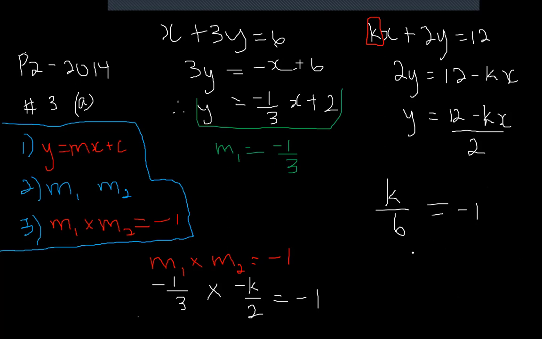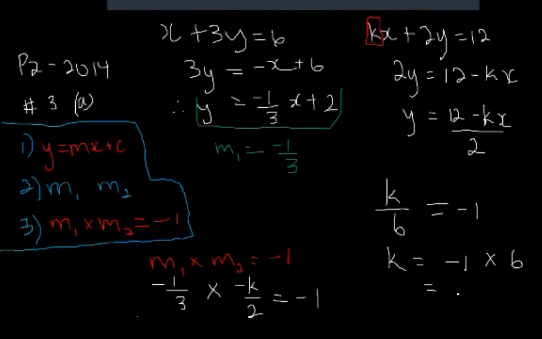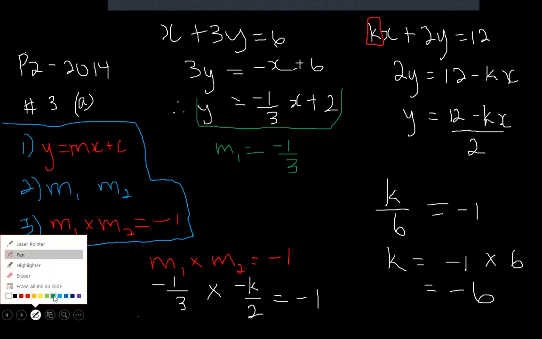I'm trying to make K the subject of the formula because we're trying to find K. Since I'm dividing by 6 on this side, I'll multiply by 6. So K is equal to minus 1 times 6, and minus 1 times 6 is minus 6. And that's why K is equal to minus 6.